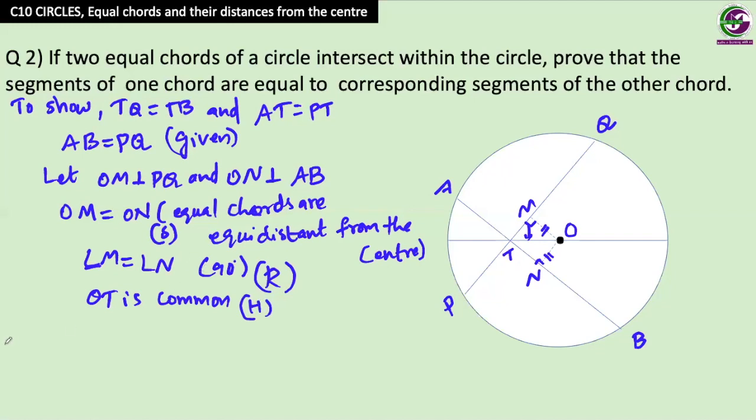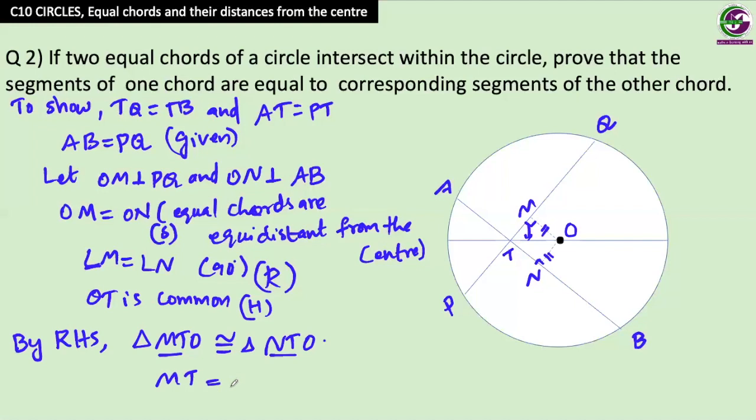So by RHS, triangle MTO is congruent to NTO. So we found out that MT is equal to TN by corresponding parts of congruent triangles.